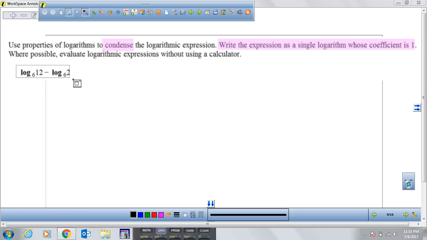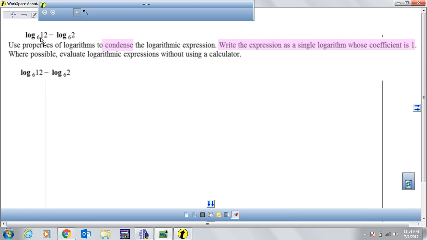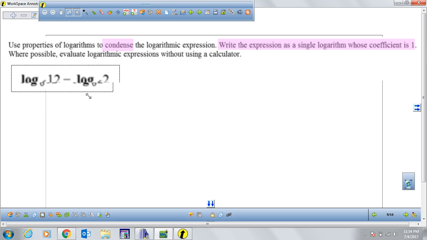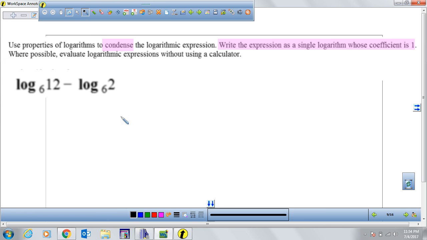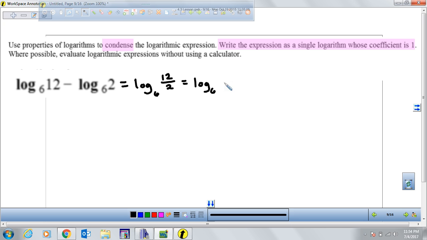On this problem, we have the log base 6 of 12 minus the log base 6 of 2. According to the definition, if I have a subtraction of two logs, we're going to combine it back into a division. Log base b of m minus log base b of n equals the log base b of m divided by n. So that gives you log base 6 of 12 divided by 2, which is 6.